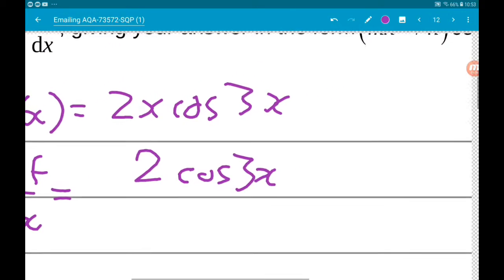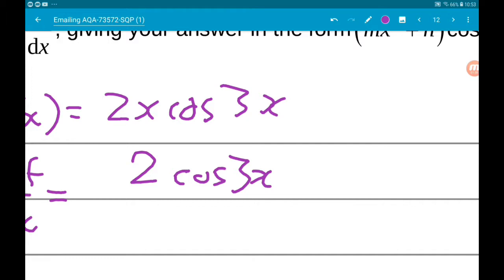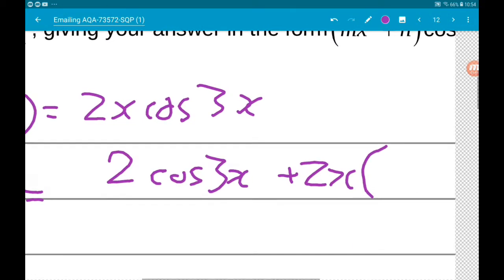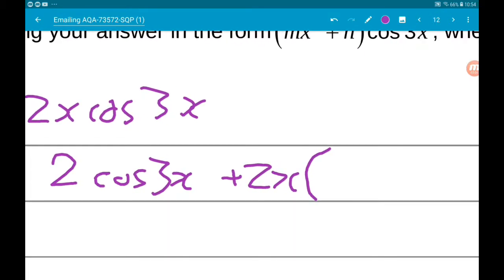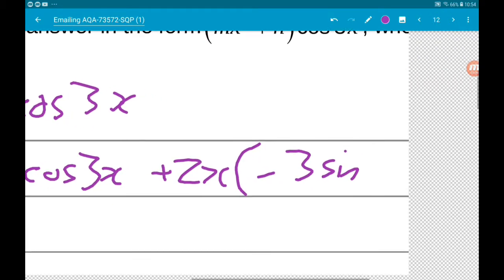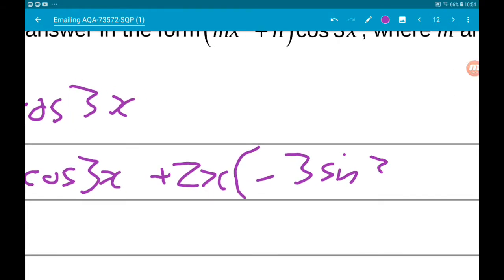And then we don't differentiate 2x, but we do differentiate cos of 3x. So by the chain rule, the derivative of 3x is 3, and the derivative of cos of x is minus sine of x. So we're going to get minus 3 sine of 3x.